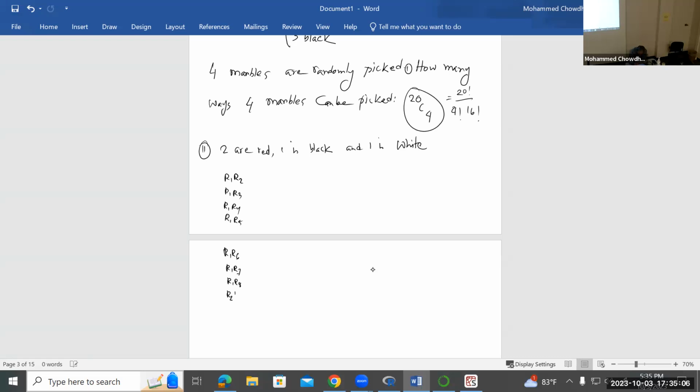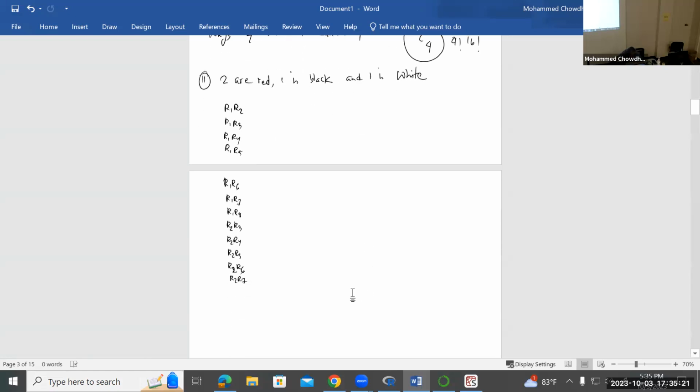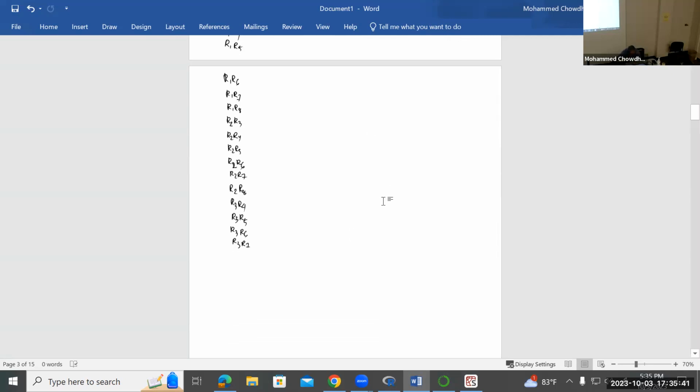Then red 2, red 3, red 2, red 4, and so on through red 2, red 8, then red 3 with red 4 to red 8, then red 4 with red 5 to red 8, red 5, red 6.